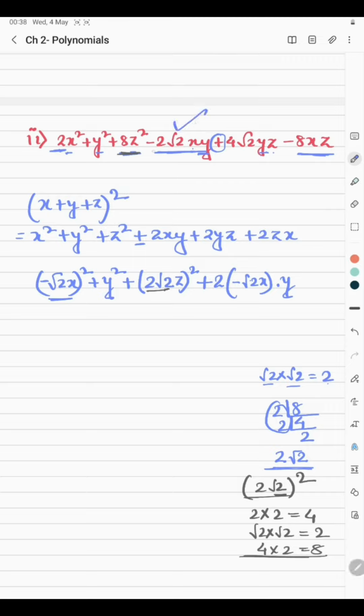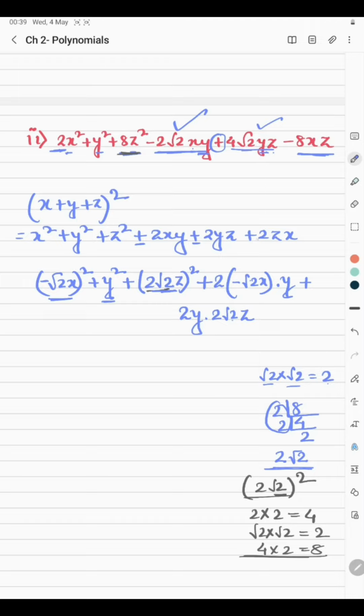See this term, it's minus 2 root 2 xy. Okay, now next, according to the identity, we have been given a plus sign, so we'll give a plus sign. Then we have 2yz, so we'll give 2. Now y means y here, and z means 2 root 2z, right? So we'll write 2 root 2z. Now if you multiply this, 2 2s are 4, 4 root 2 yz. So here we can see there is 4 root 2 yz.